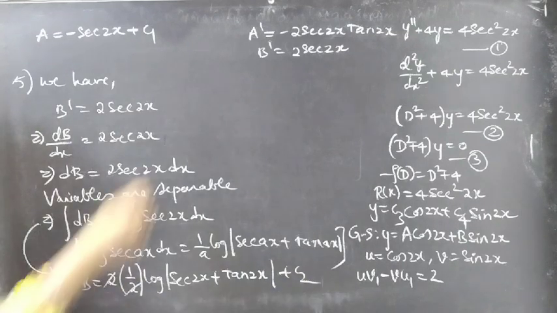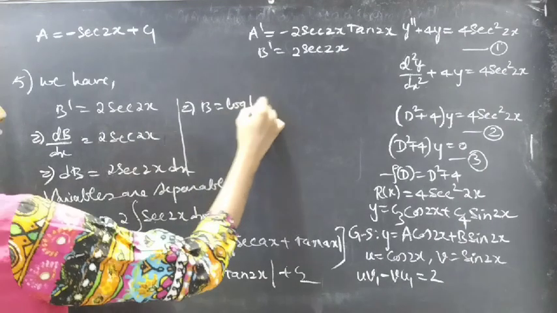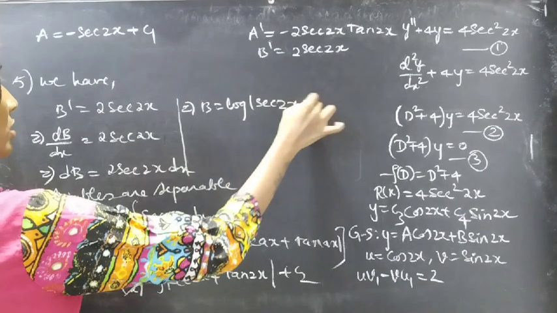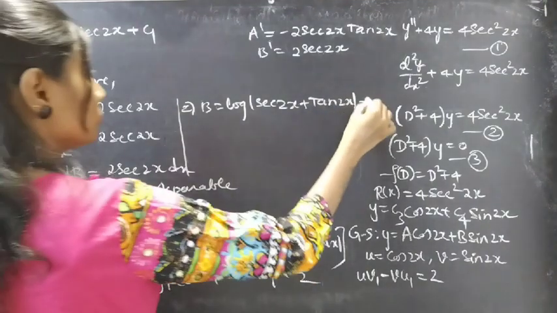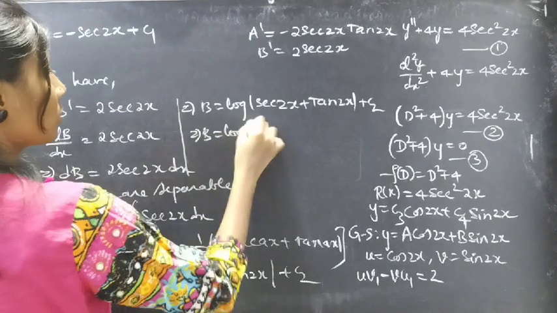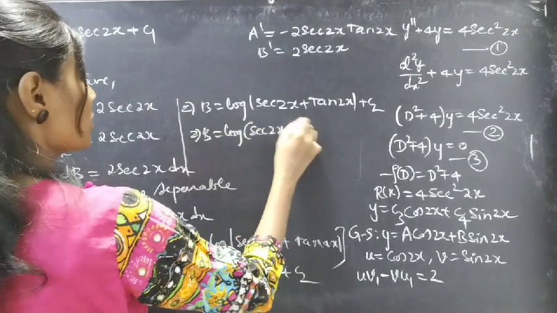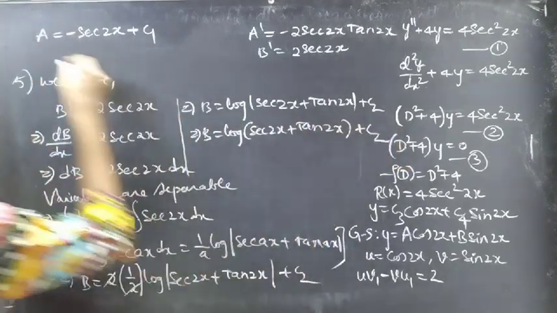The 2 gets cancelled and we'll get B equal to log mod secant 2x plus tan 2x plus c2, or B equal to log of secant 2x plus tan 2x plus c2.